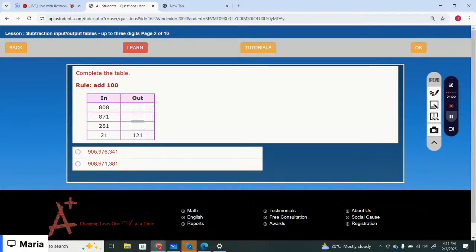So which option is the correct option? That is option number 2. 908, 971 and 381. Option number 2 is the correct option.